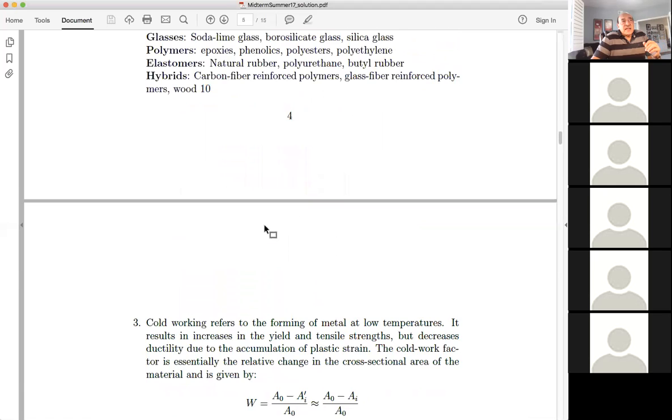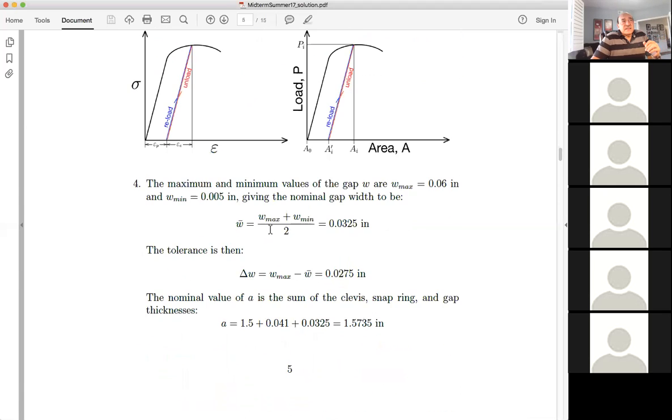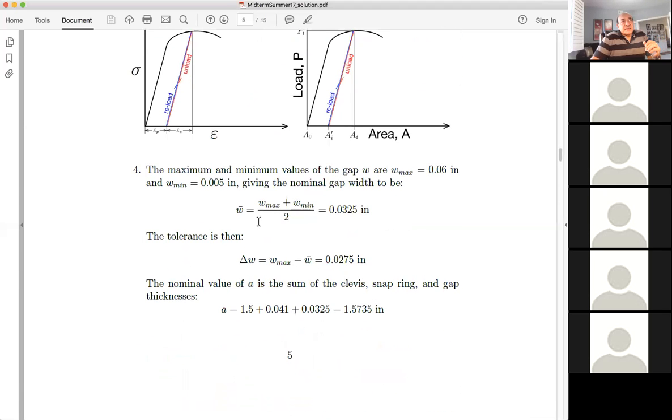So the analysis is that we get the mean value of the gap size to be 32.5 mils, and the tolerance is the difference between the maximum and the average value. We get 27.5 mils, and then the nominal value of the clevis is the sum, of course, of these three numbers.